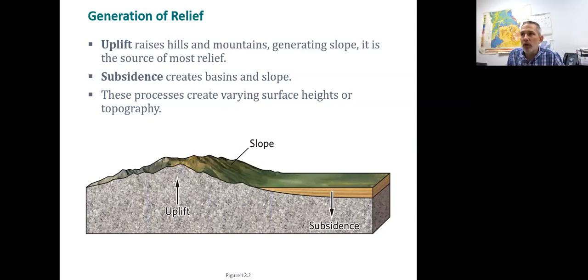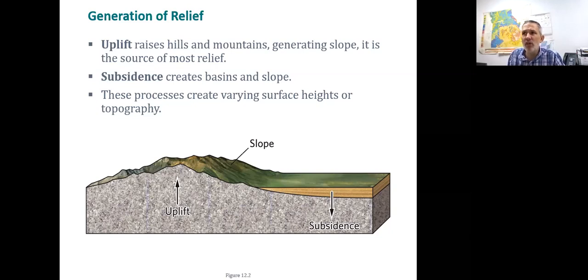Some other things that we can look at: we talked about plate tectonics creating some uplifts, some areas that are causing mountains to form. If you want to know more about that, it's chapter 8 on orogeny, which is talking about these mountain building events.